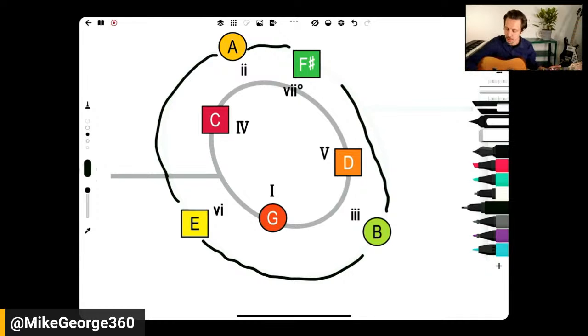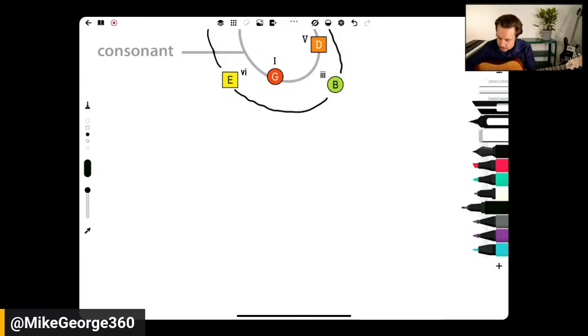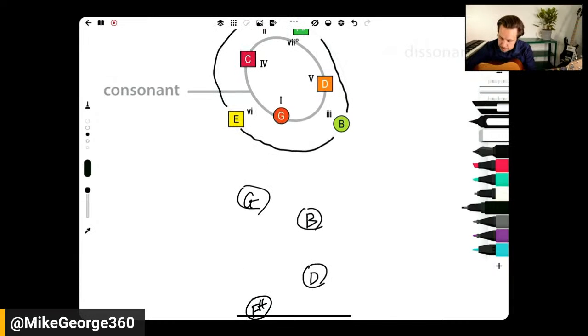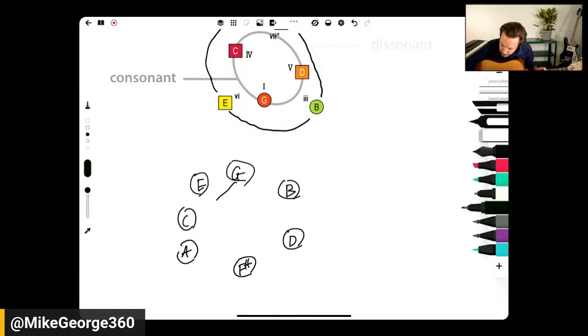And so, if you were to, again, show the circle of thirds in its traditional depiction, so with, say, G, and then B, and D, and F sharp diminished, and then we have A, C, and E, you could kind of suss out, you're like, okay, there's this, it's not really an inner ring, and then you have this, it's not really an outer ring.